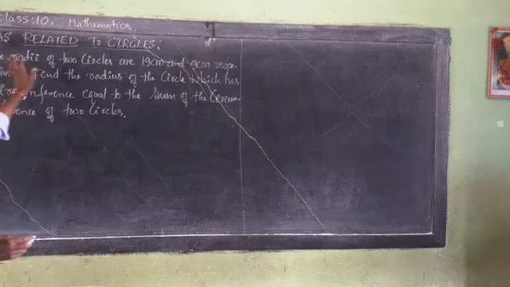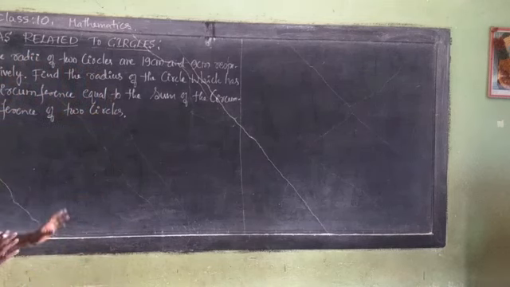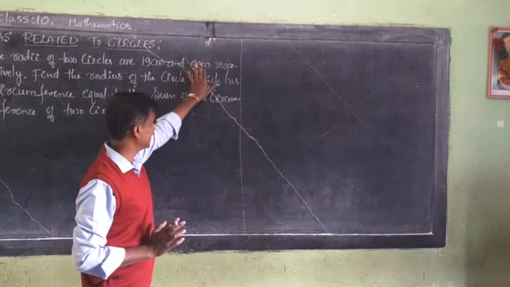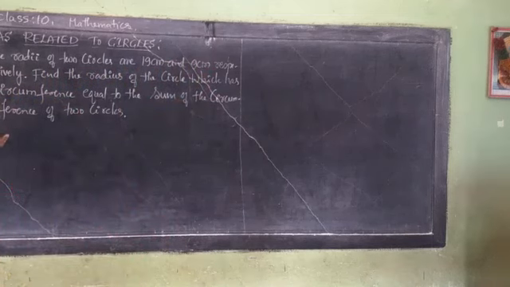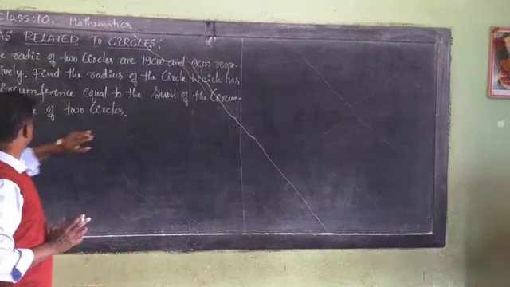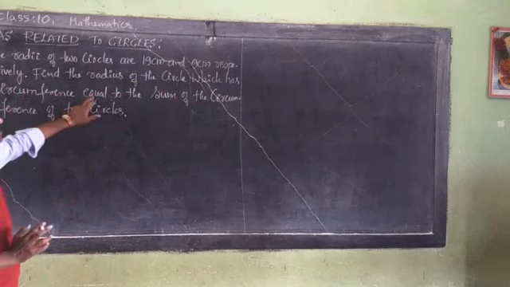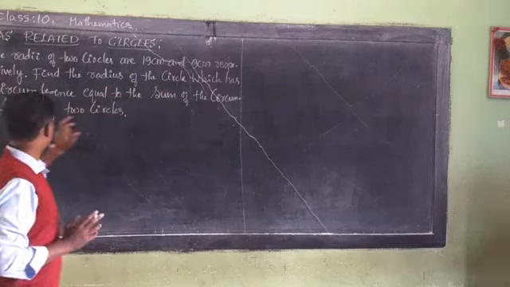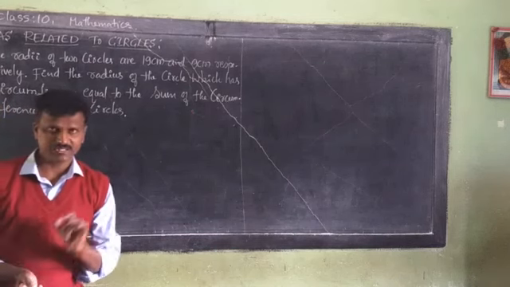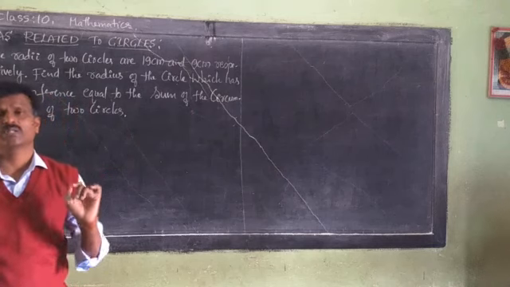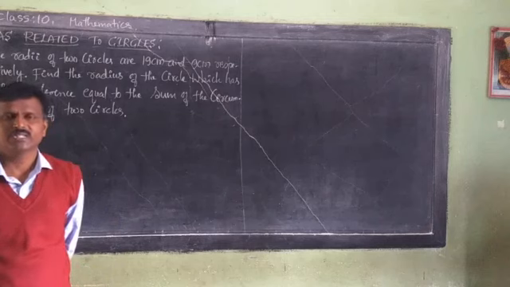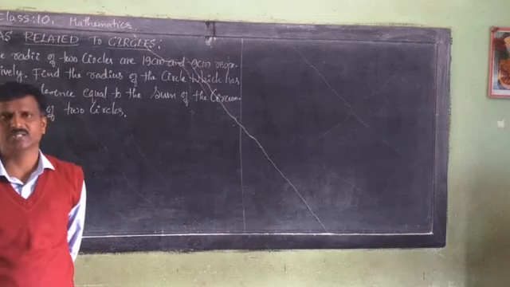The given radii of two circles are 19 centimeter and 9 centimeter respectively. Find the radius of the circle which has the circumference equal to the sum of the circumference of two circles. If the radius of the circle is given, we can easily find the circumference of the circle.